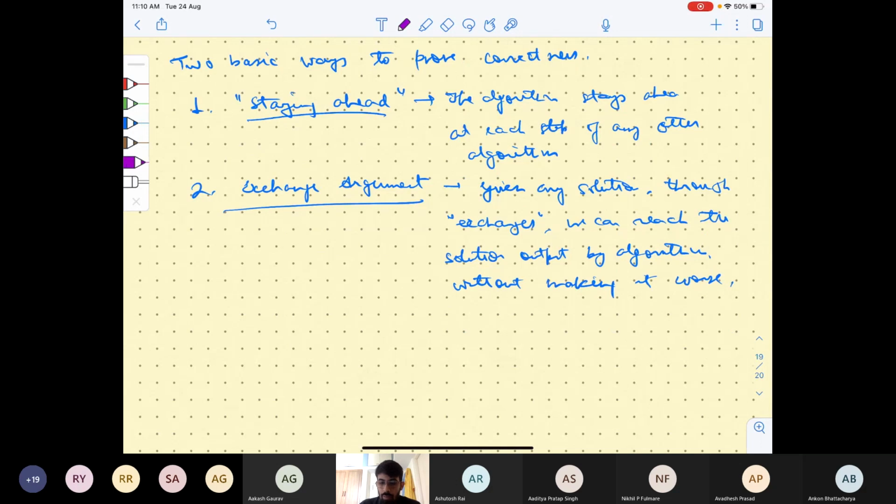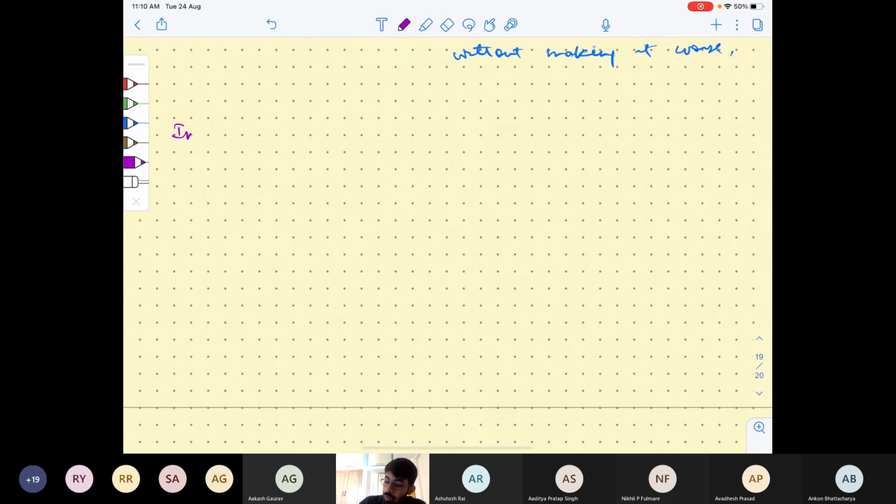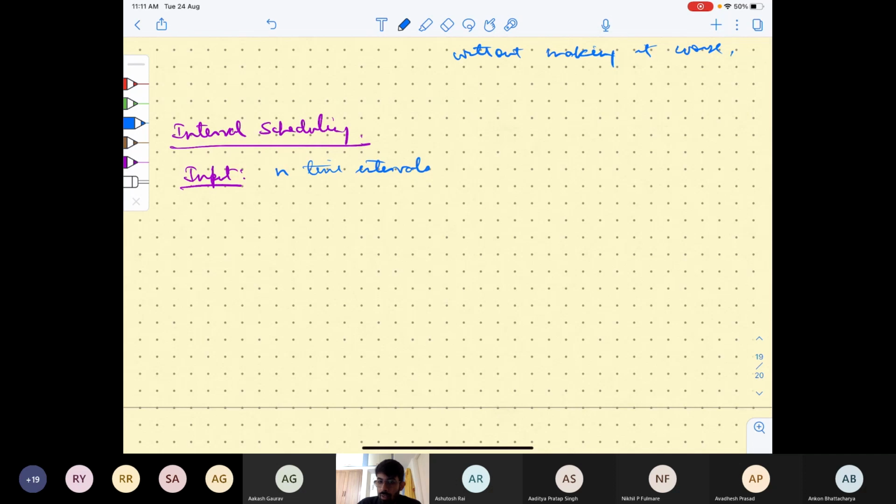Since I'm saying examples, let's look at one example, which is a very popular problem. It's called interval scheduling. Okay, so the input is n time intervals, represented by the set 1 to n.